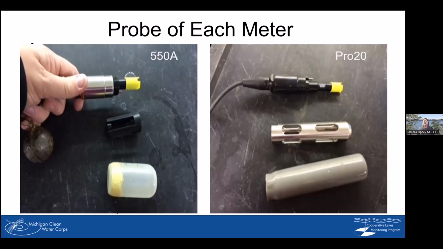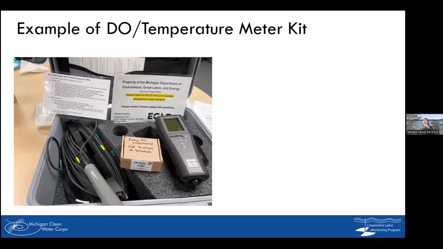Then to go over the membrane to keep it moist, we have these covers. This one's clear, this one's not. Both of them have little pieces of sponge in the bottom that are to be kept moist, but we don't want this cap area to be full of water.